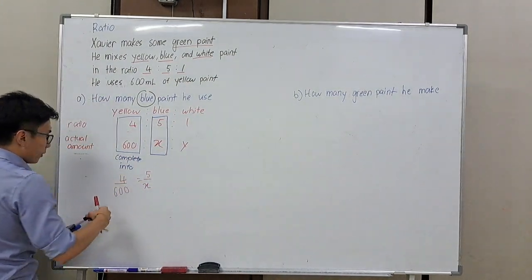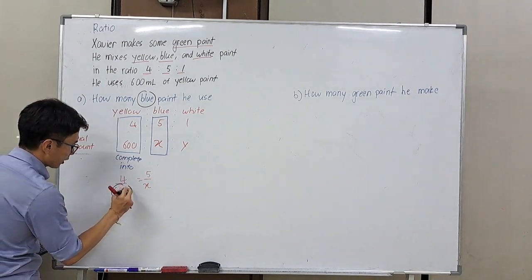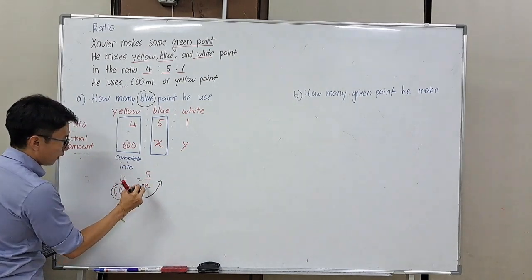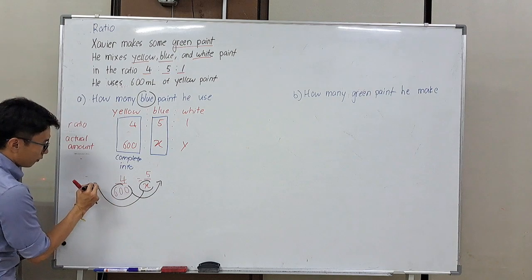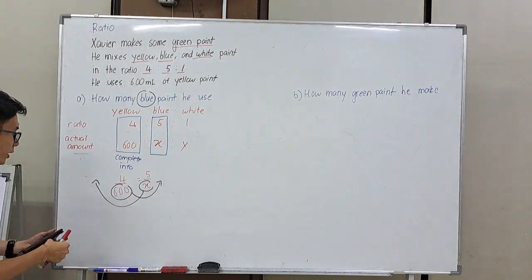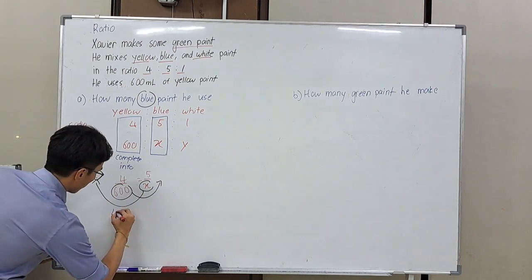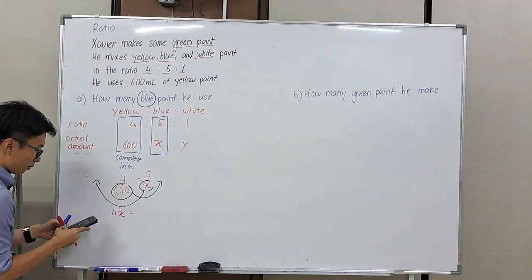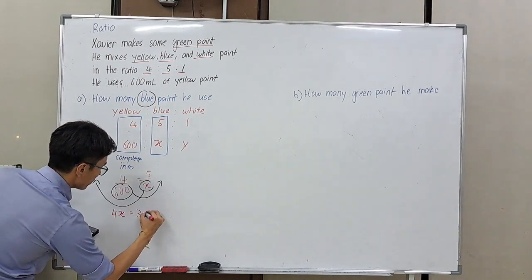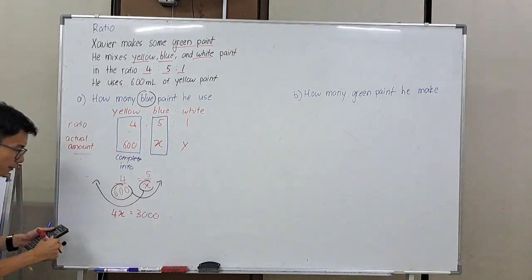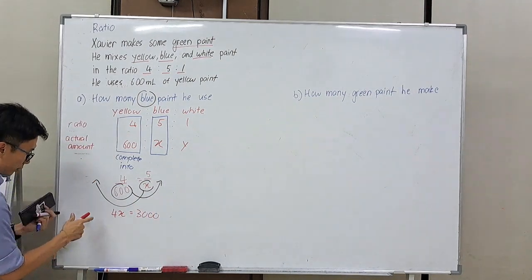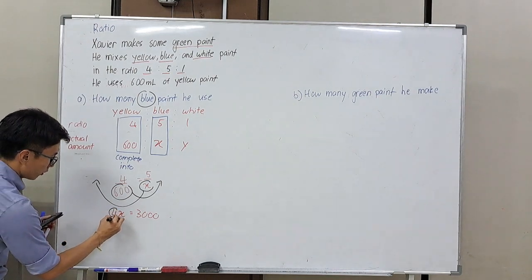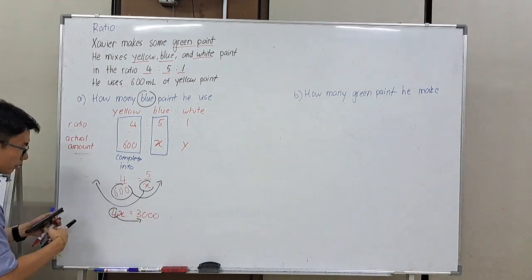So what's going to happen next? I'm going to cross multiply. This 600, I'm going to move up here, and this x, I'm going to move up here. So I get 4x equals 600 times 5, which is 3,000. And then finally, to solve this, the 4 I will move down here.